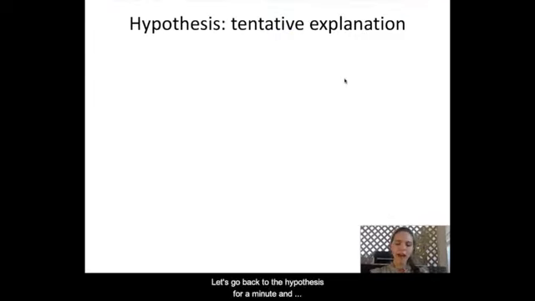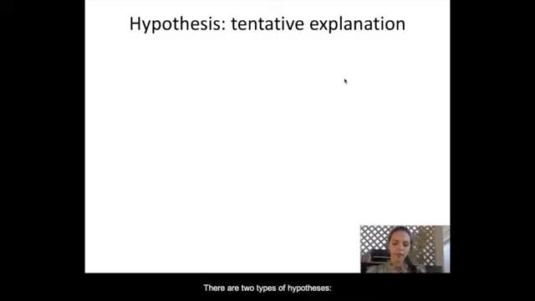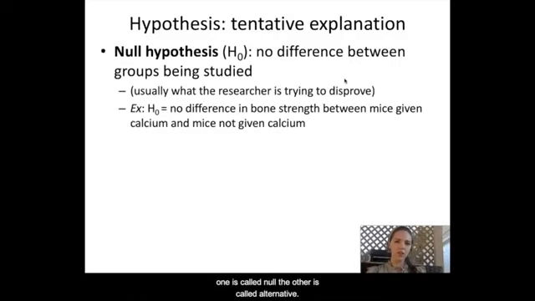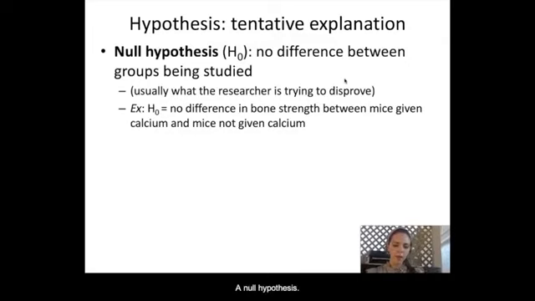Okay, so let's go back to the hypothesis for a minute and get a little more specific. So there are two types of hypotheses. One is called null, the other is called alternative. A null hypothesis states that there is no difference between groups being studied.